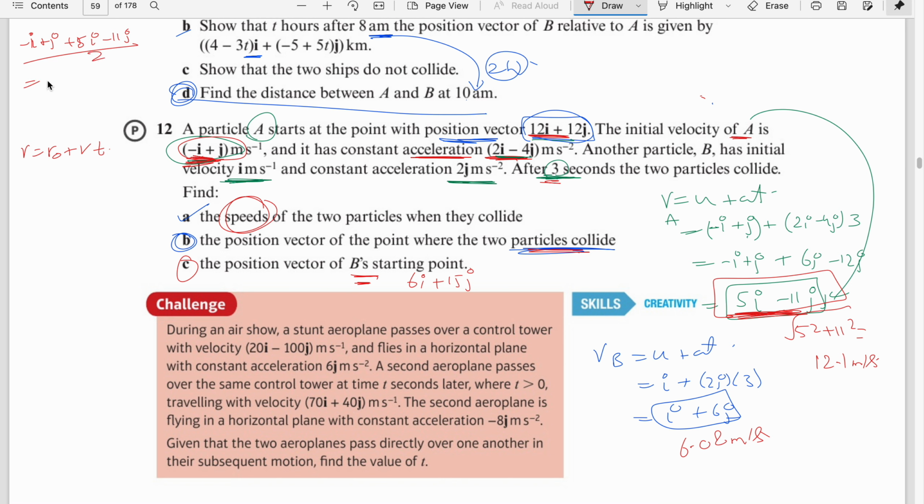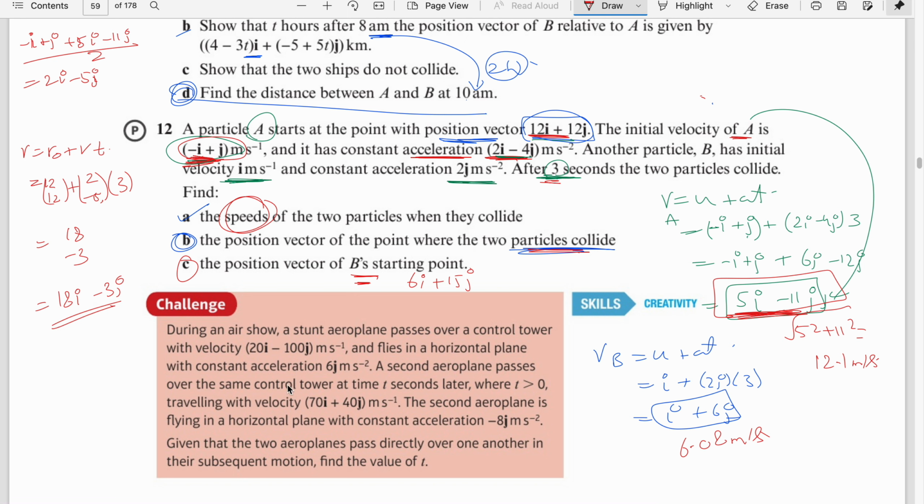So 5 minus 1 is 4 by 2 is 2i, minus 11 and positive 1 is minus 10 by 2, minus 5j. So initial position is 12i and 12j, velocity is 2 and minus 5, time is 3 seconds. So 3 twos are 6, 6 plus 12 is 18, and 3 fives are minus 15 and 12 minus 15. So it is 18i and minus 3j.